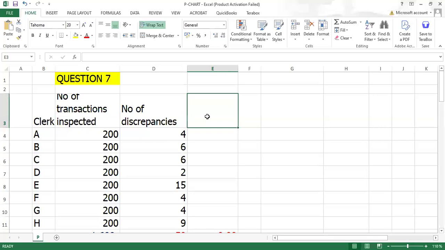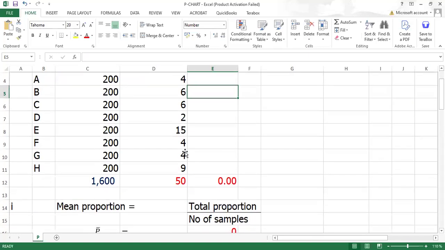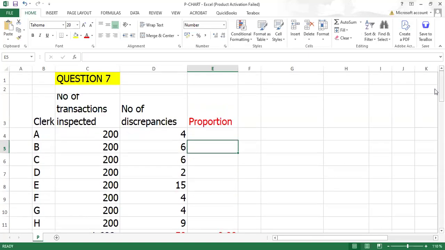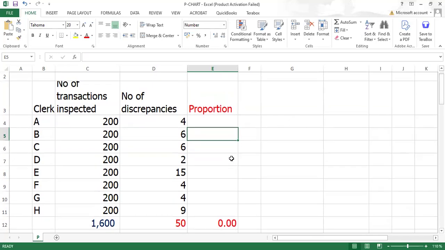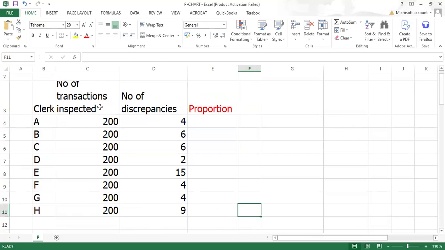Here let's add a fourth column, the column for proportion. Please let's do this together.